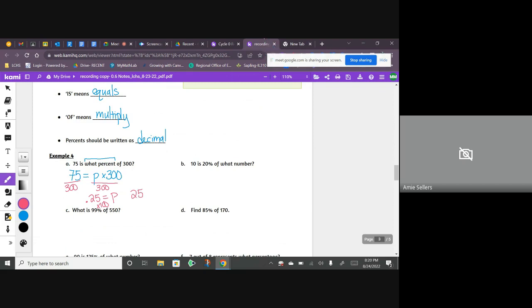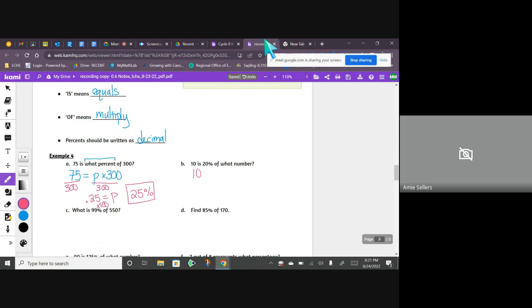So I get 25%. Something else that you can do on these problems is just check if they are reasonable. Is it reasonable that 75 is 25% of 300? Yes.